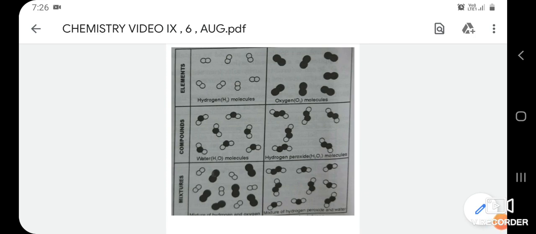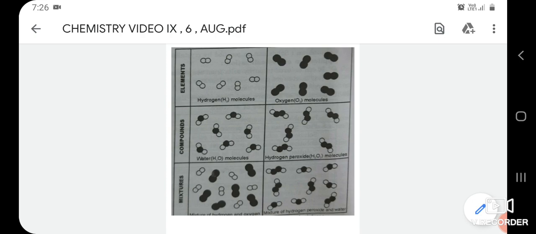See, a compound is made up of elements combined in fixed proportion, and in mixtures the components are in any ratio. A compound is always homogeneous and mixtures can be homogeneous as well as heterogeneous. Properties of a compound are different from properties of its components, and properties of a mixture are the average properties of its components. The components of a compound cannot be separated by simple physical methods.